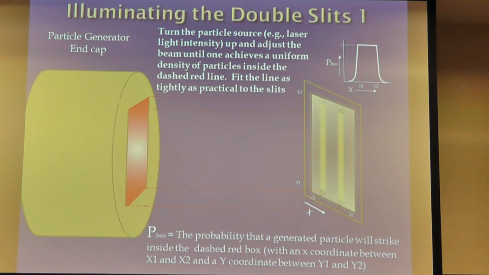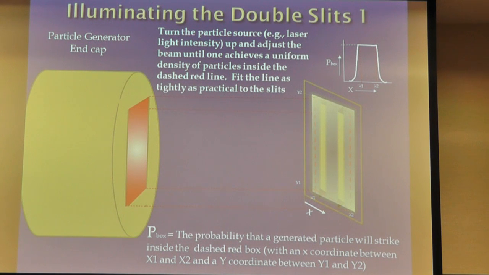Well, you arrange these lenses. You arrange how far away this is, and there's a lot of little parameters like that. But what you do is you make sure that all of this light that comes through here is inside. I don't know if you can see it, it's a little red dotted line here. So you make sure that everything inside that red dotted line is illuminated uniformly, evenly. Well, what you've just done is you've made it equally probable for a photon to hit anywhere inside that dotted line.